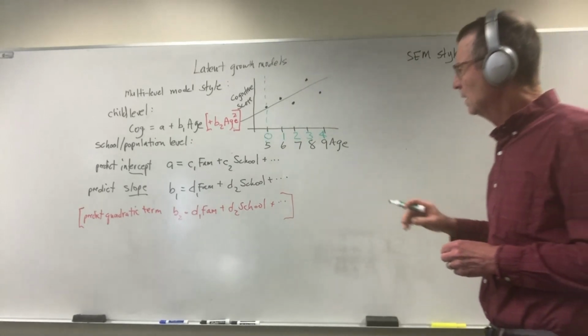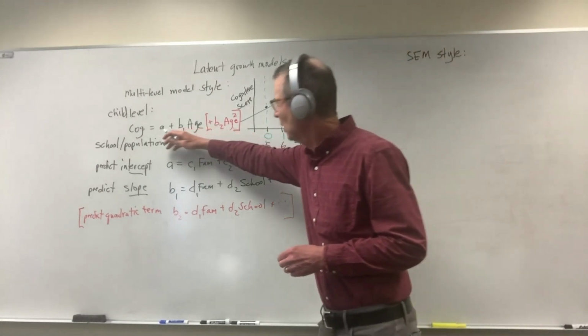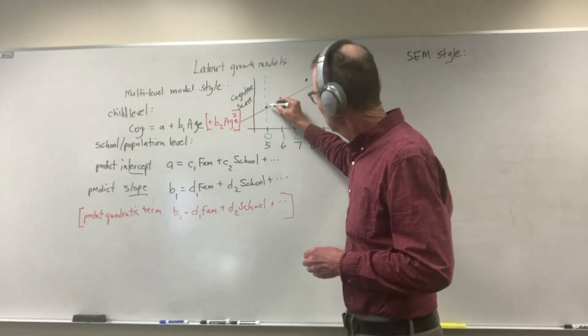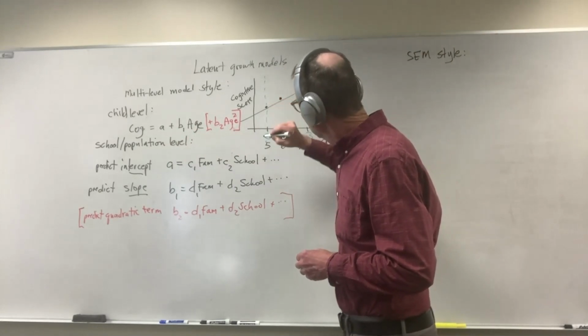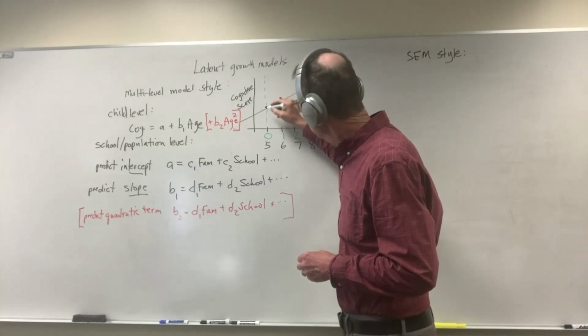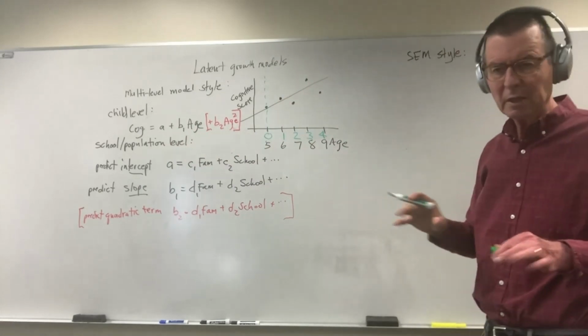So if we are fitting this equation, the intercept becomes the point on this curve that corresponds to age 5, because it is 0, it's the intercept.